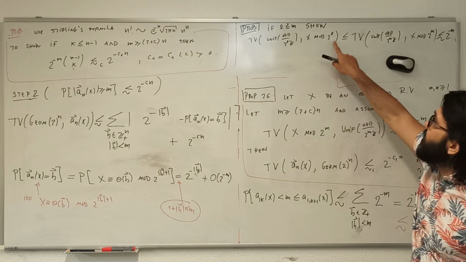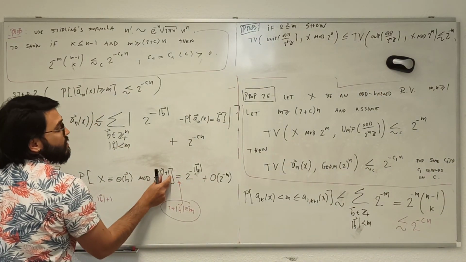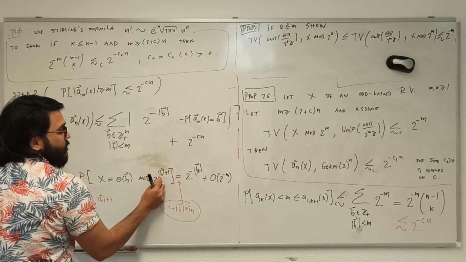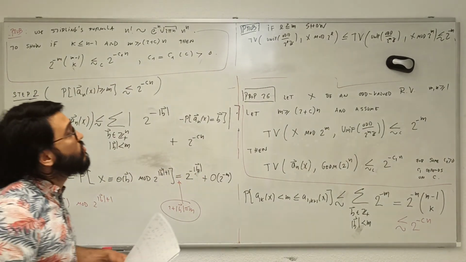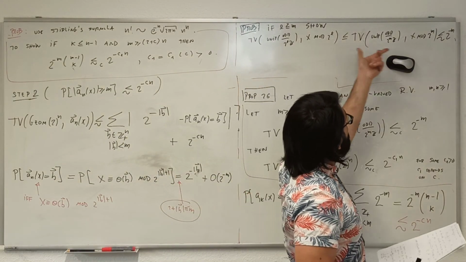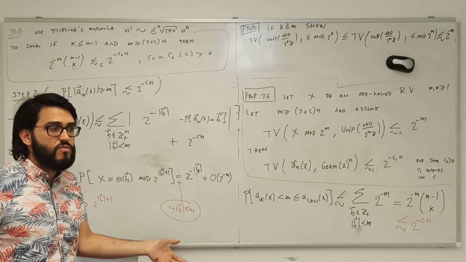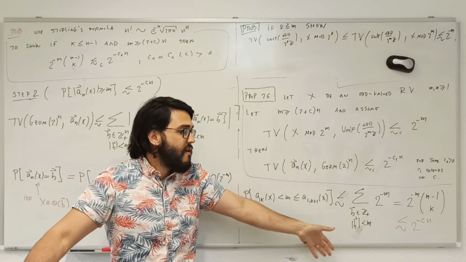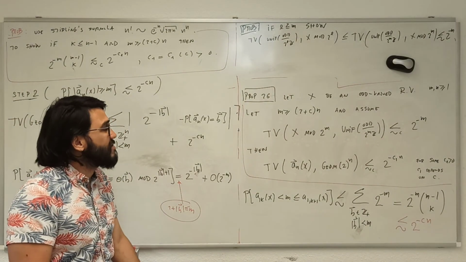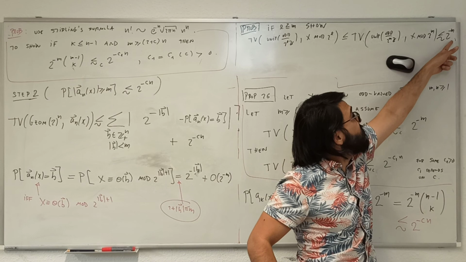So for every L, I can compare, and L will be the modulus of B plus 1, so I can put L here, because this is bounded by this. Okay, so if the thing is close to being uniform in a very large residue class, then for the other smaller residue classes, it should be more or less the same, and it is.